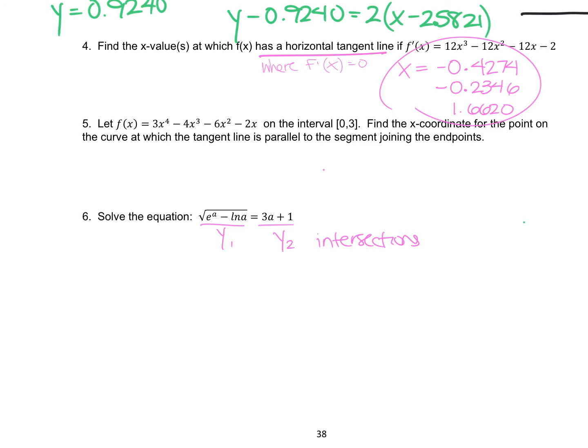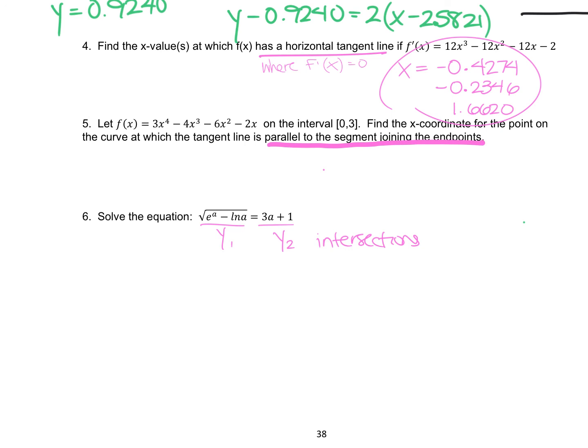The derivative. So I am going to have f of x is equal to that, and I'm going to have y2 as my derivative. What's the segment joining the endpoints? It's just the slope connecting the 2 points. It's an interval, the 0 to 3, and it's the segment that's connecting those two. So when it says parallel to that, I need to find the slope of that.